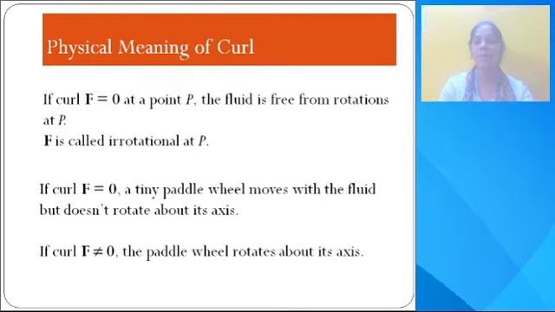A tiny paddle will move with the fluid but does not rotate about its axis. If curl is not equal to 0, the paddle will rotate about its axis. So this is the physical meaning of curl.